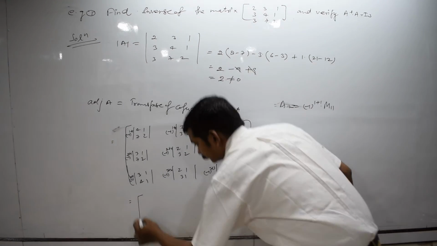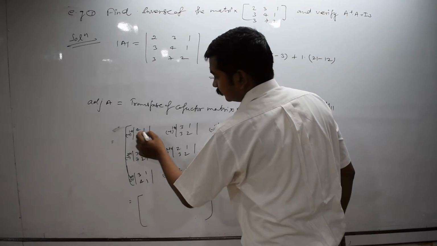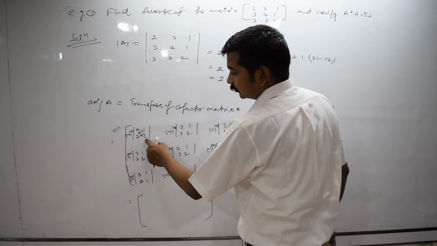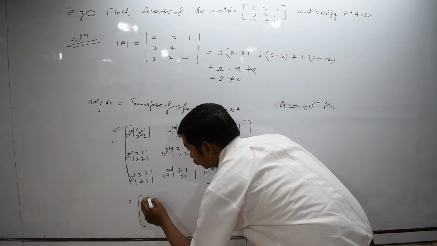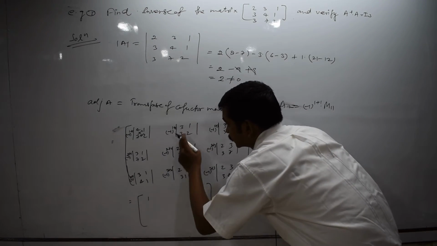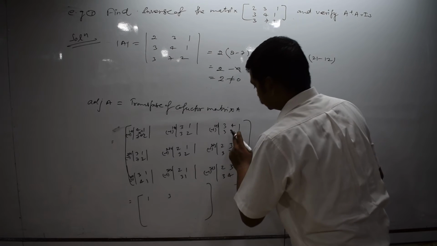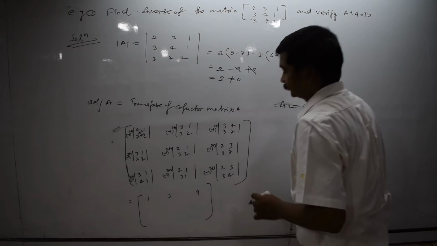So, we find the value of these. Here we multiply and solve this. 4 into 2, this will be 8 minus 7, which is 1. Here will be 6 minus 3, 3. Here will be 21 minus 12, it will be 9.